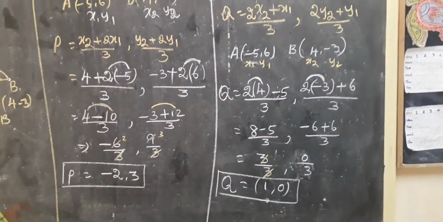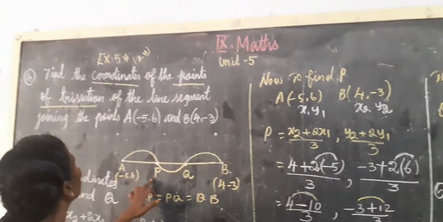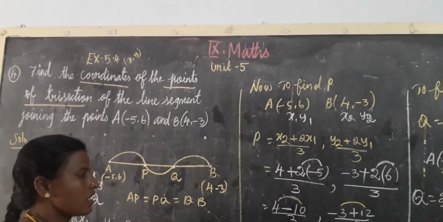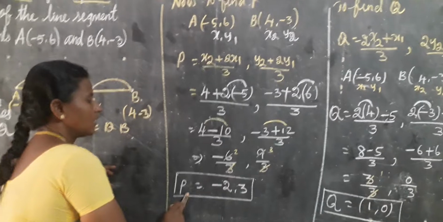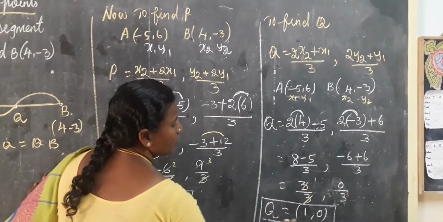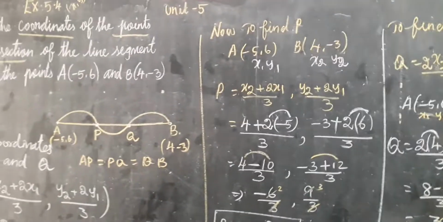What is our aim? We have to find the coordinates of the points of trisection. Coordinates means x and y values. So the coordinates of P are minus 2 comma 3, and the coordinates of Q are 1 comma 0.